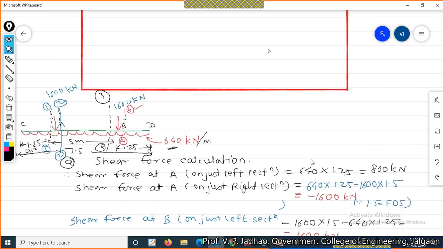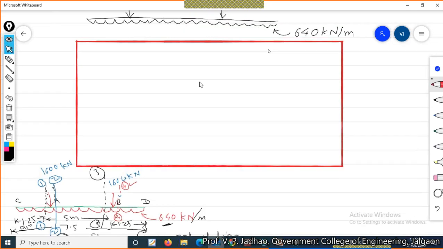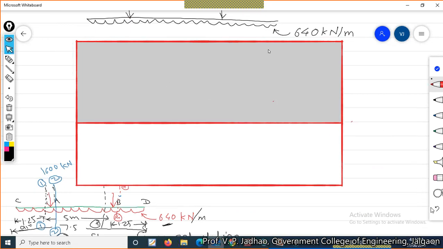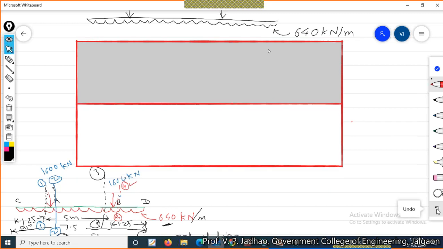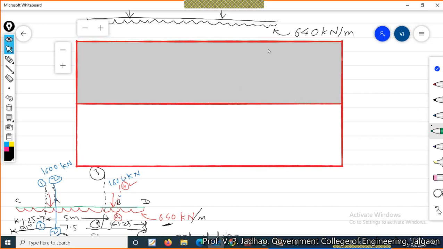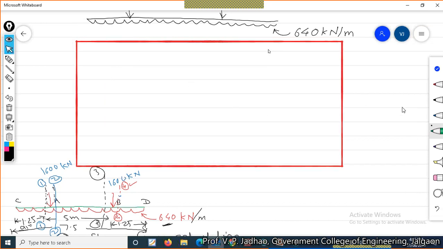So we have to just draw the shear force diagram here.